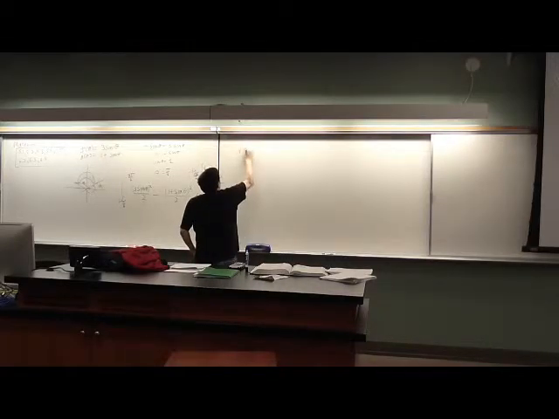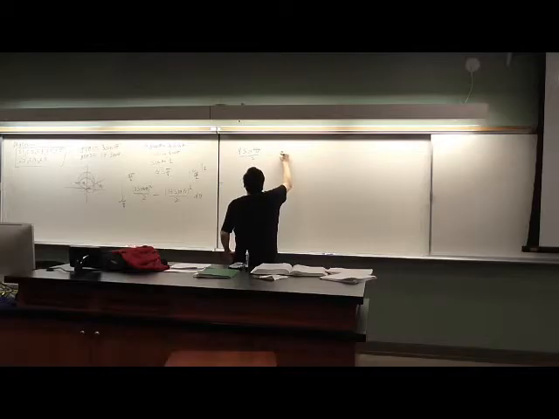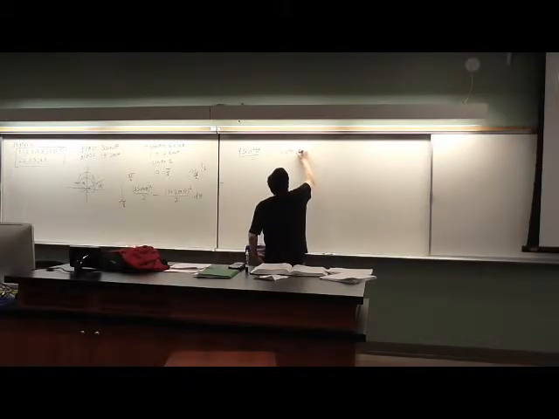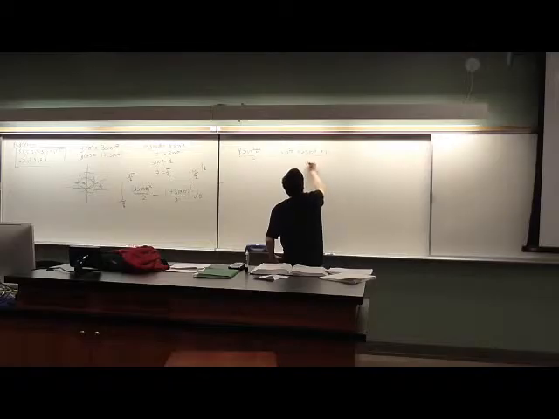We have 9 sine squared theta over 2 minus sine squared theta plus 2 sine theta plus 1 over 2.